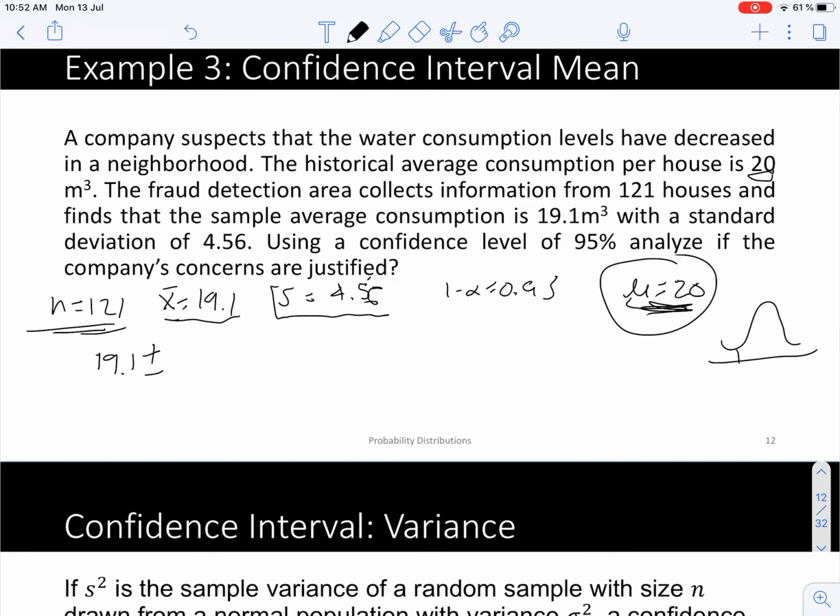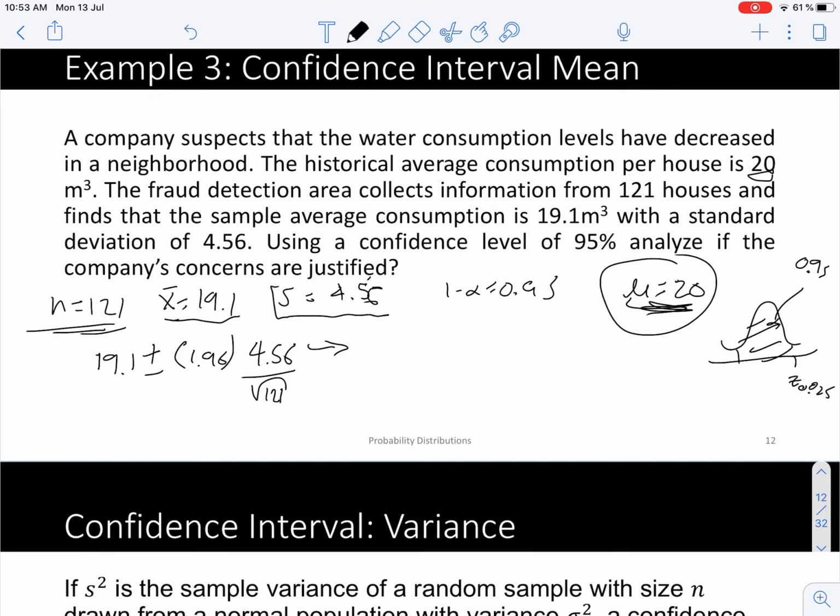Remember, if the inner area is 0.95, then we need z that has an area to the right of 0.025. Same thing as in the last problem. That z value is equal to 1.96. 1.96 times s, which is the sample standard deviation, 4.56, over the square root of n, 121.